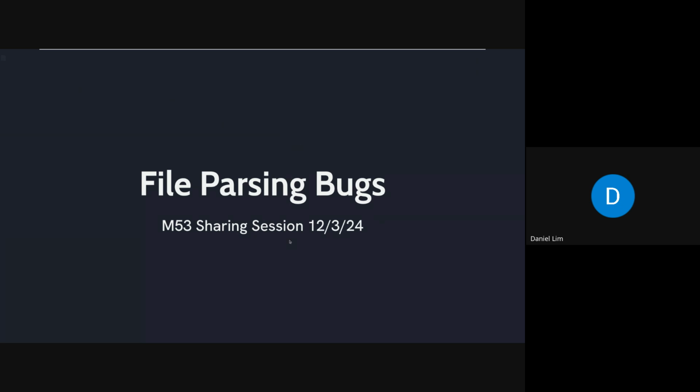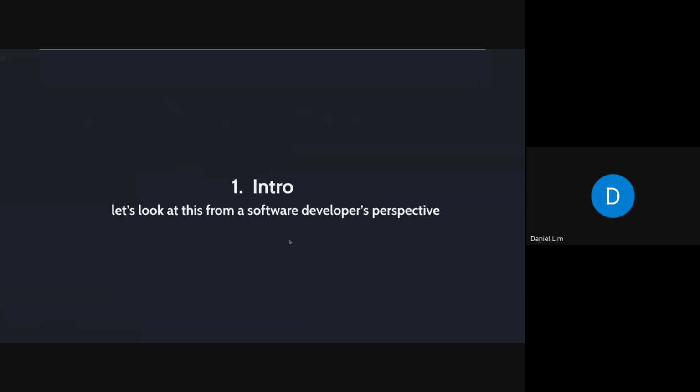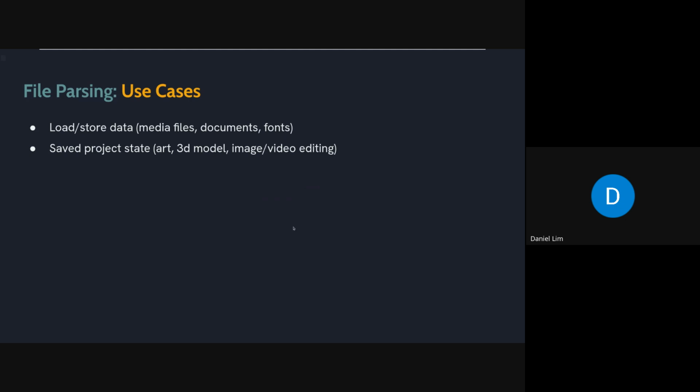Okay, so first we start off by looking at this from a software developer's perspective. We see the developers, how they write code or why they write code for file parsing. The use case is quite simple: to load or store data.